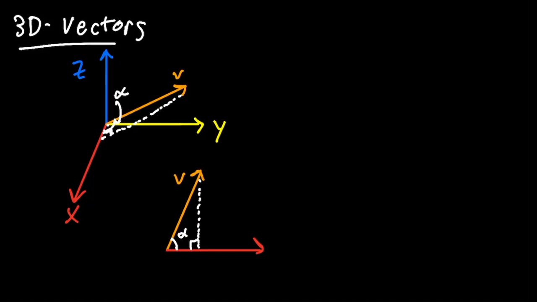This is one of the angles we can use to describe v. By drawing this triangle, we can find this angle using right triangle trigonometry. Here we can see that the cosine of alpha is equal to, and cosine is adjacent over hypotenuse.